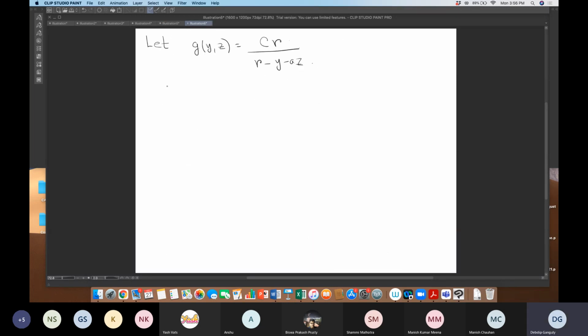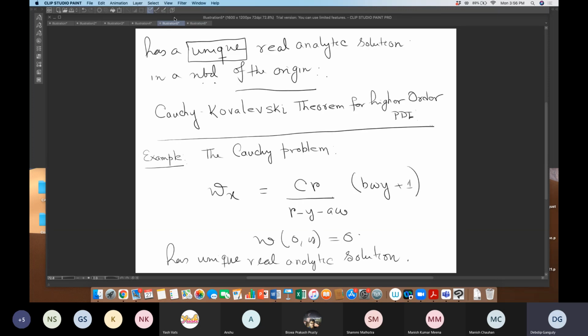Then, can you tell me how I should approach solving this problem? What should be the natural approach? By taking characteristic curves. Exactly. Good.